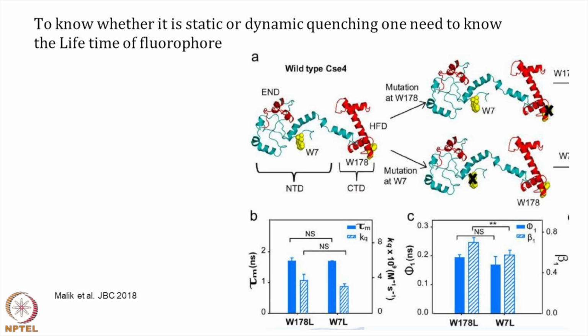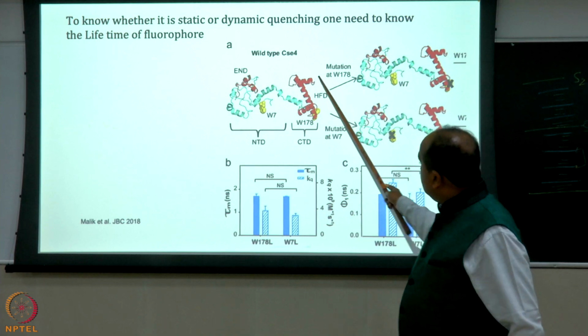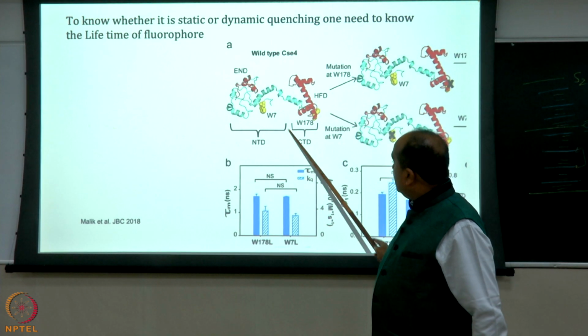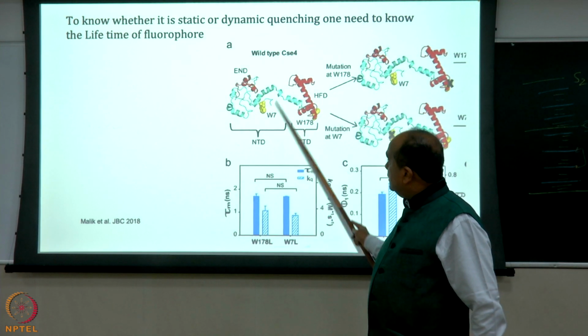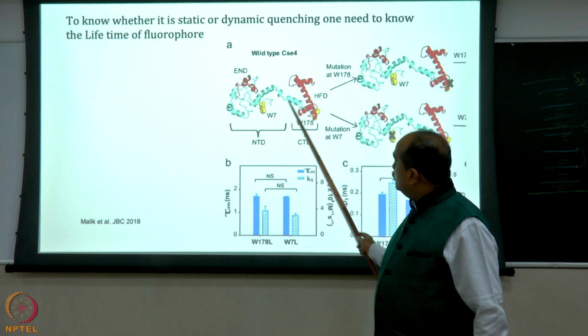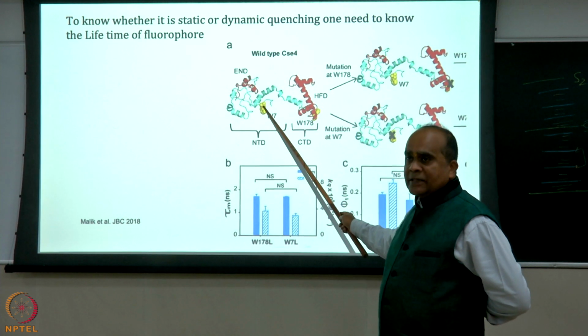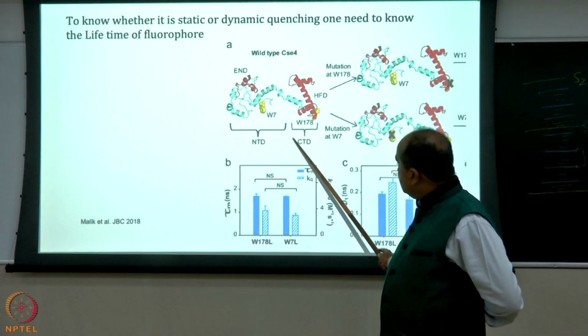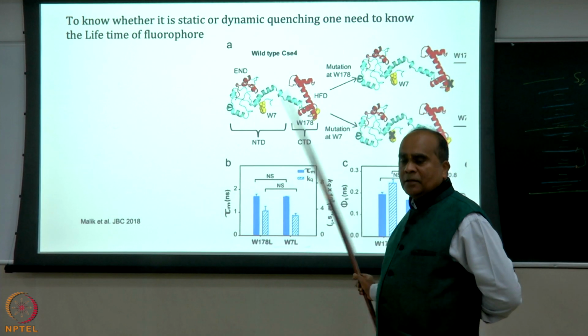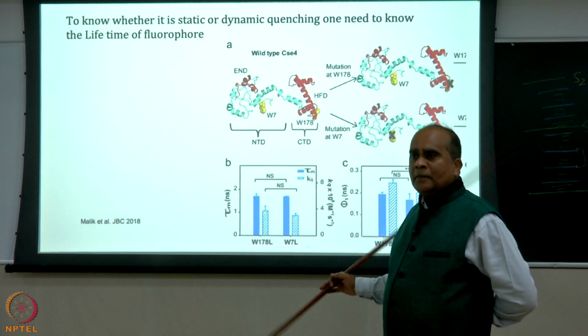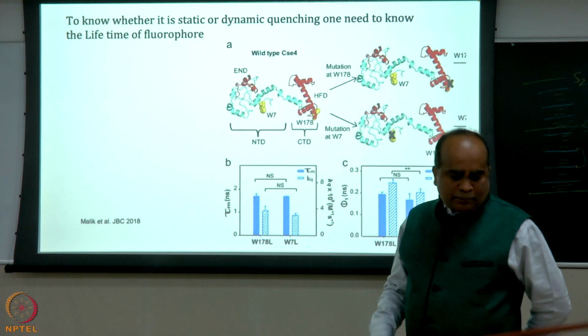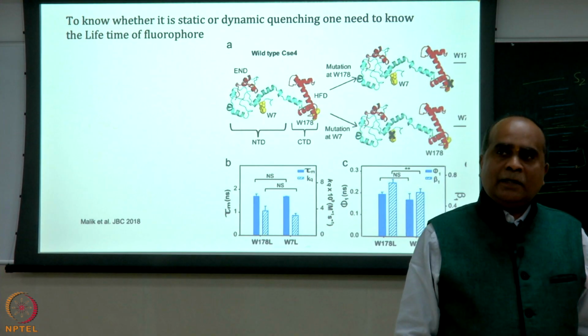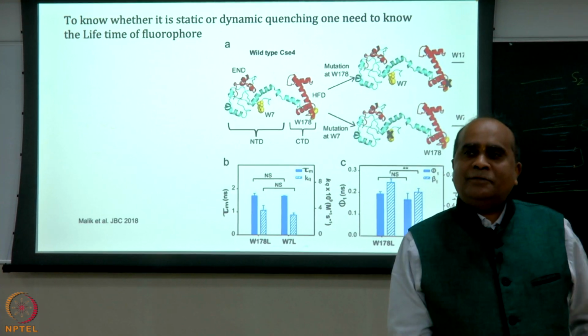It has an interesting structure with two domains, one is a histone-like fold domain, and the other is called the N domain. It has two tryptophans, one at 7 and one at 178, one in the C terminus domain and one in the N terminus domain, right, two tryptophans. The problem is that, being an NMR spectroscopist, what is my dream?